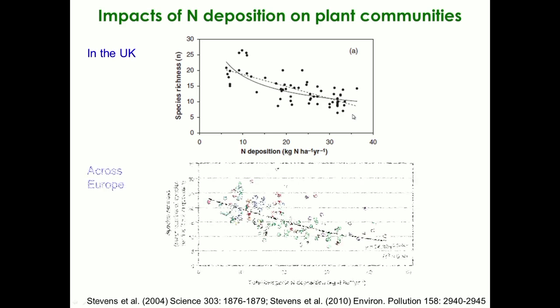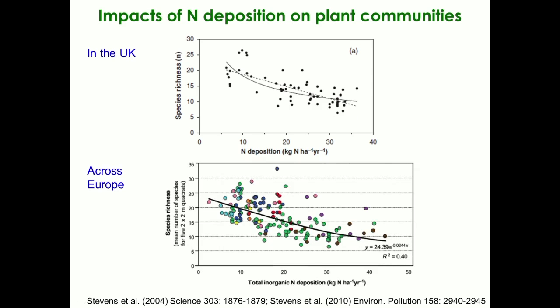And we see a similar pattern across Europe as well, and indeed across the world. It's a consistent conserved response. As nitrogen pollutant concentrations increase, the effect this has on species richness is very significant.